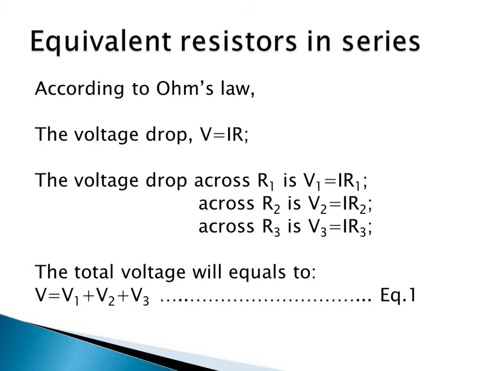According to that equation, we will find the voltage drop across each individual resistance. First, the voltage drop across R1 will be I into R1. The voltage drop across R2 will be I into R2. The voltage drop across R3 will be I into R3.